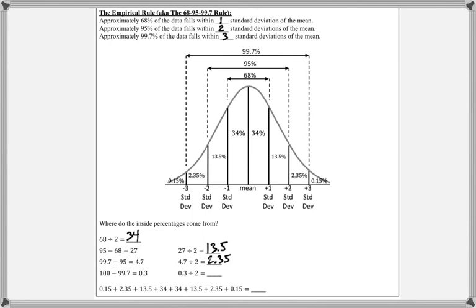And if you divide 0.3 by 2, then you get the 0.15. And then finally, if you add up all of the inside percentages, they add up to be 100%.